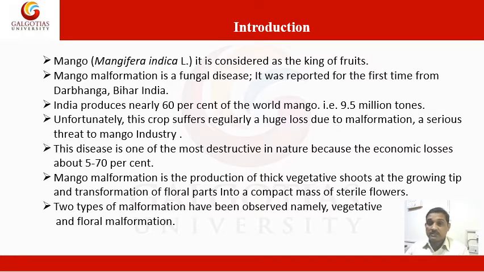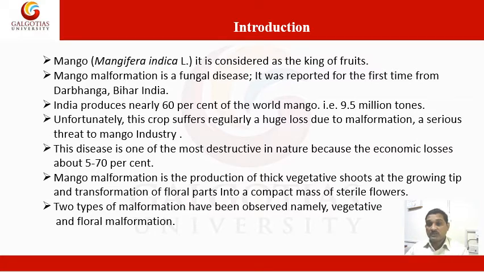Unfortunately, this crop regularly suffers huge losses due to malformation, a serious threat to the mango industry. This disease is one of the most destructive because the reported economic losses are about 5 to 70%, or sometimes more in severe conditions.